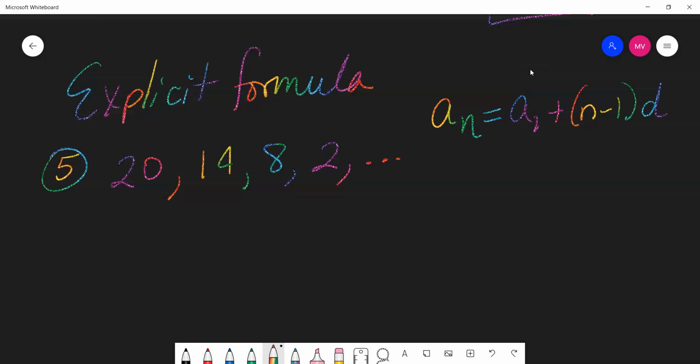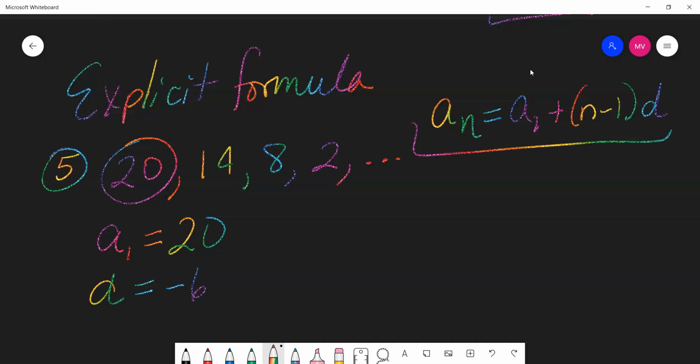However, do we have an A1? Do we have a term in position 1? It's 20, the first one in our sequence. Do we have a value for D? What is it? -6, right? The numbers are getting smaller by exactly 6. So D equals -6. You just take this formula and plug that in. Our n stays the same because we don't know what it is.